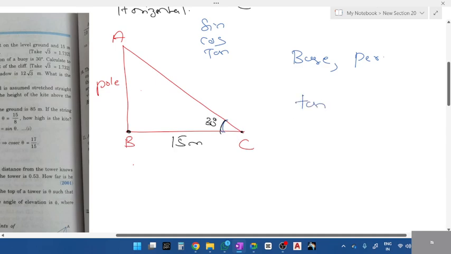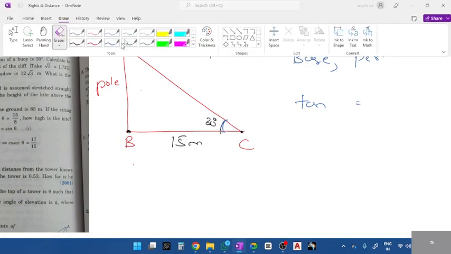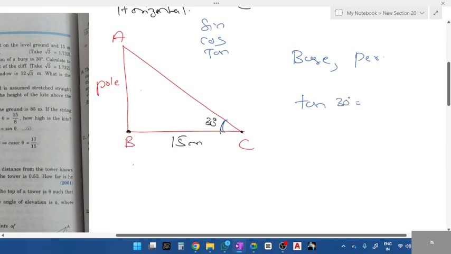Which angle are we finding? From angle C, tan 30 is equals to, what is the formula? Perpendicular by base. First go with the angle, students, whatever angle they have given.